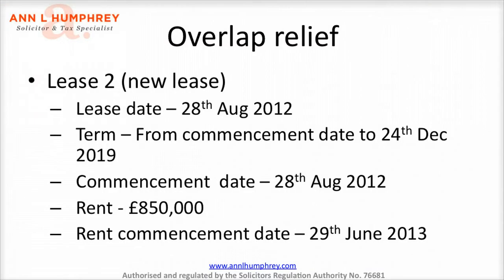For Lease 2, which is the new lease, we have lease date of 28th of August 2012, the term is from commencement date to 24th of December 2019. Commencement date is 28th of August 2012. Rent of £850,000. Rent commencement date is 29th of June 2013.